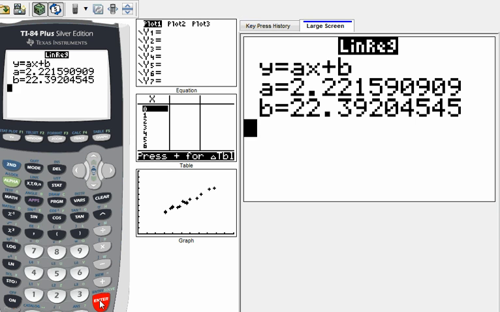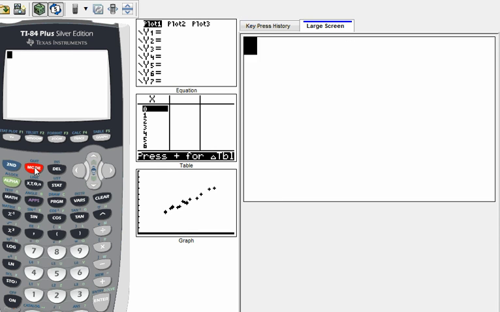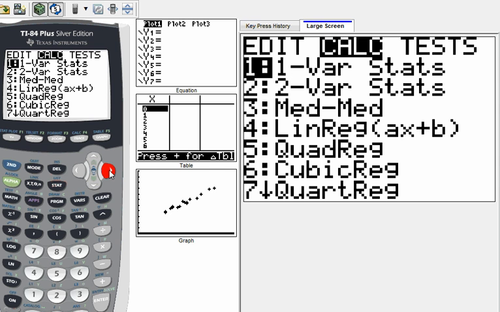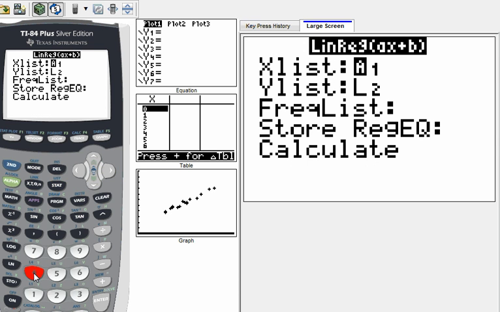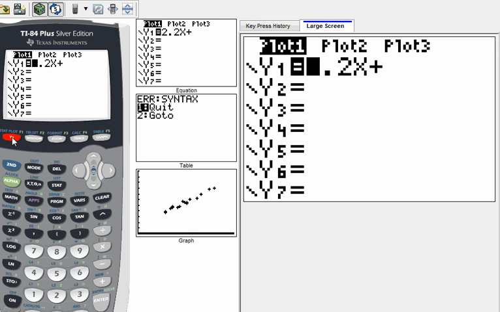So I'm going to press my y equals now and put that information in there. So slope is about 2.2 times x plus, and the y-intercept was, let me go back to that screen and see what it said there again. 22.4. So let's put 22.4 there for my y-intercept.